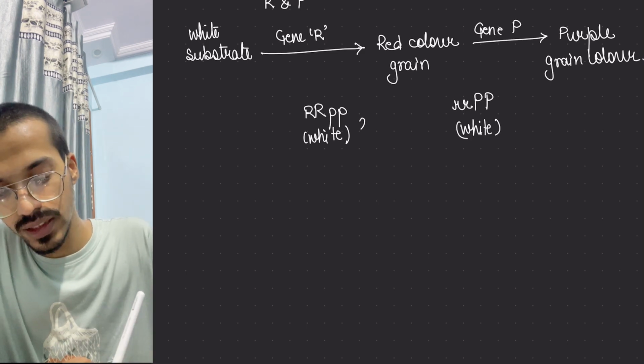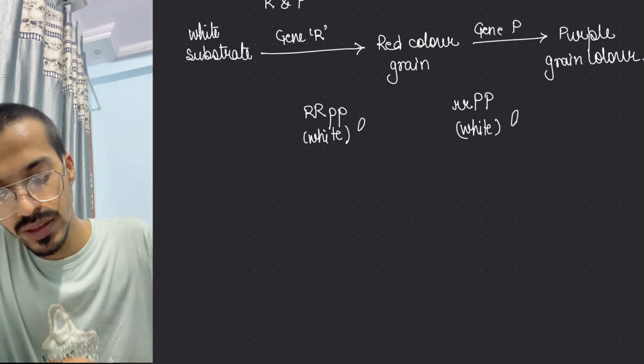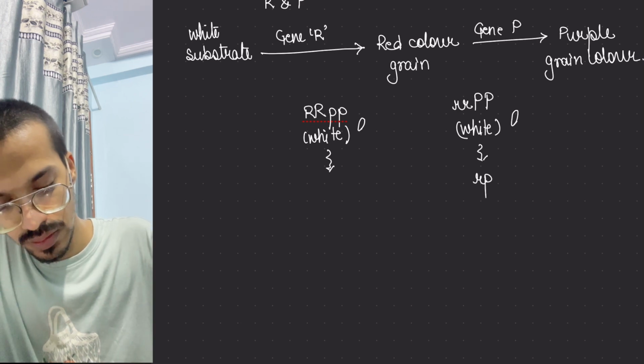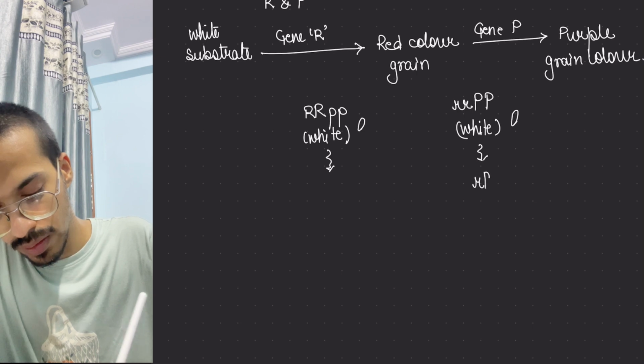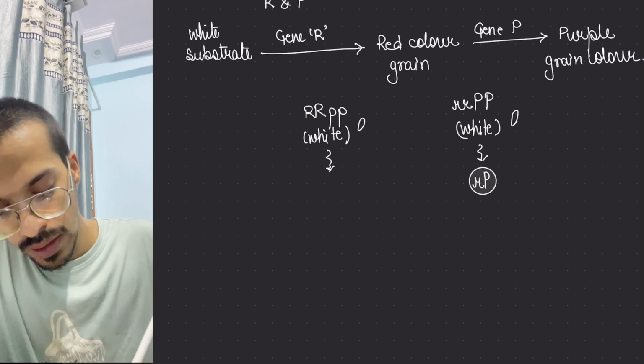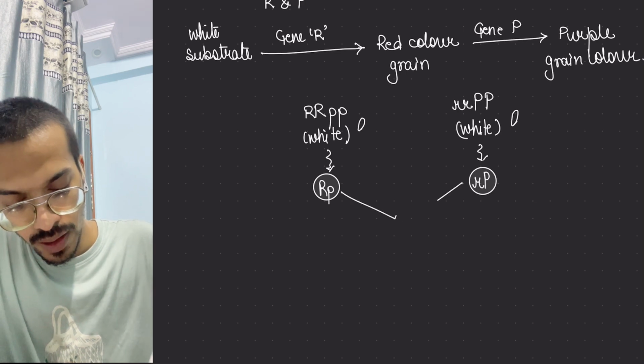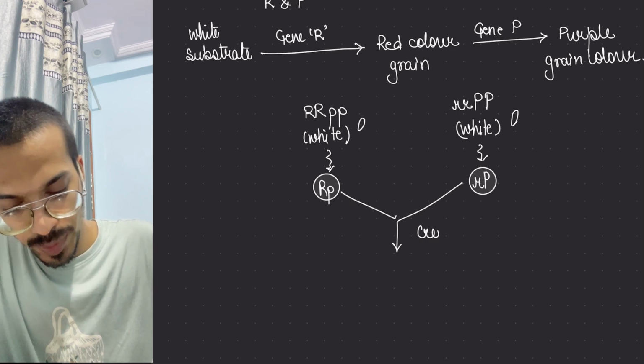Now what will happen? These are the parents, they will make the gametes. So these would be the gametes. There will be a fertilization, and this would be the case.